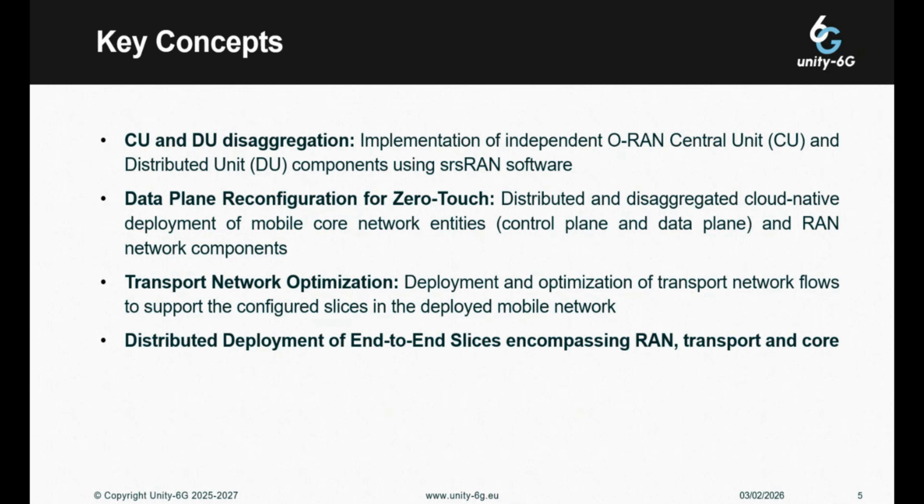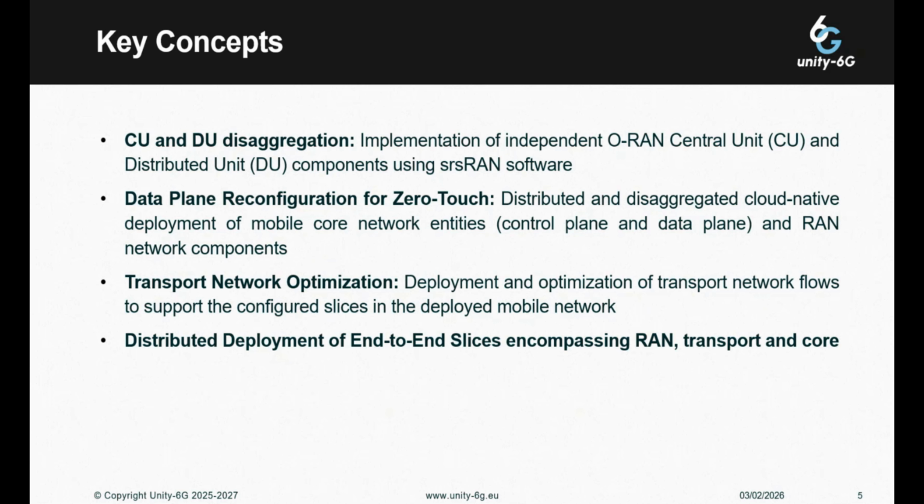Then we also worked on the data plane reconfiguration. That is, we were able to disaggregate the mobile network entities into control plane and data plane in order to allow a multi-slice or configurable slice environment, and also combine it with the RAN network components, the CU and the DUs.